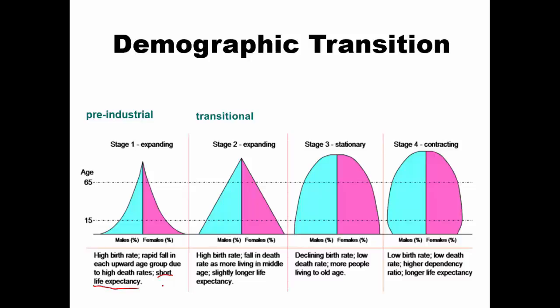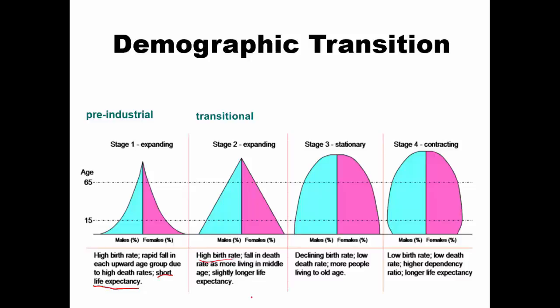We now call these countries developing countries. You can see how the triangle smooths out on both sides, because your birth rate is still high because of modern sanitation in food and whatnot.